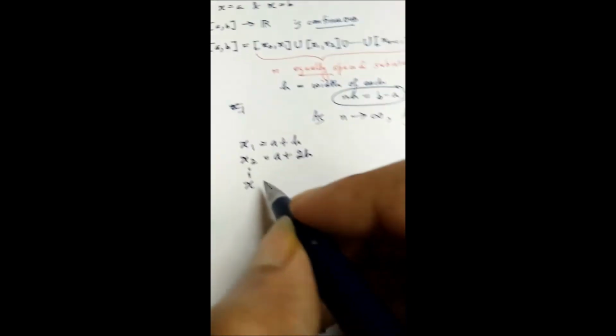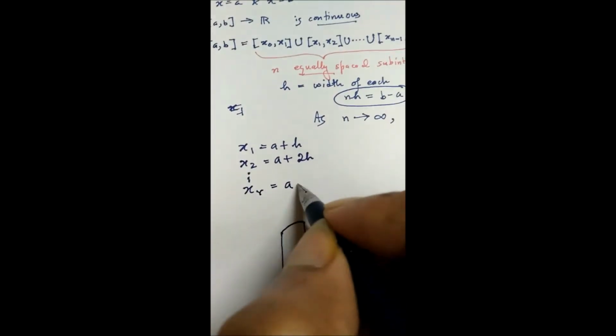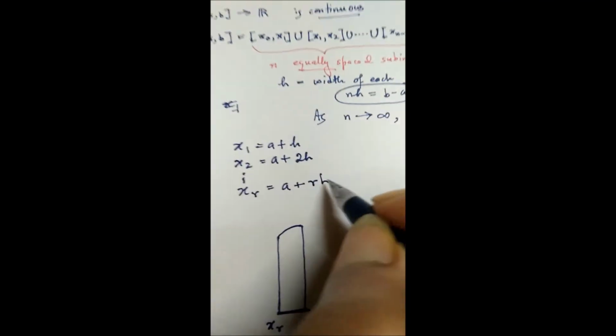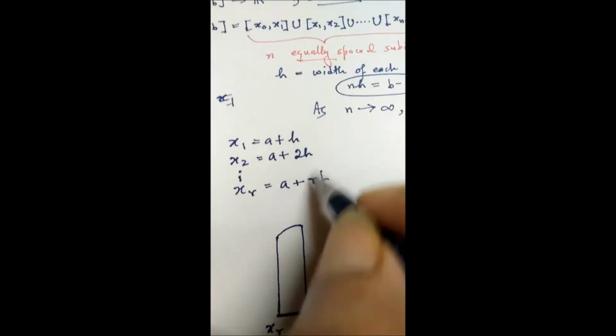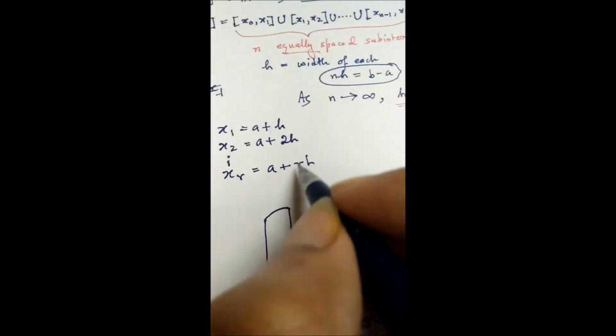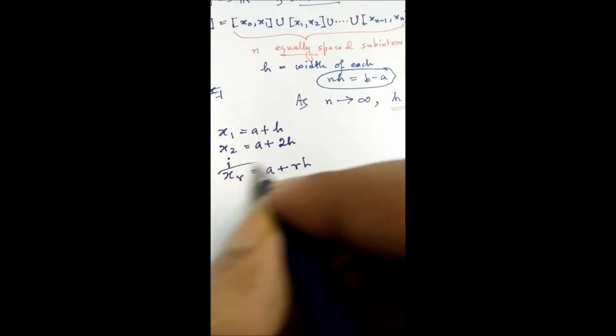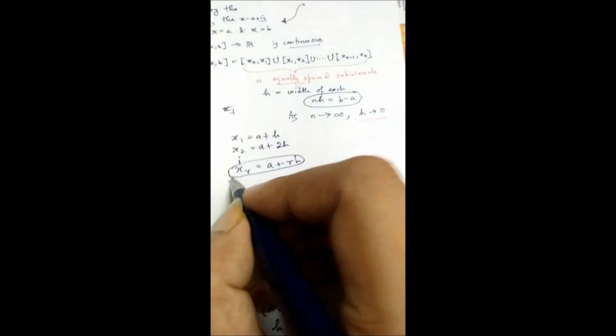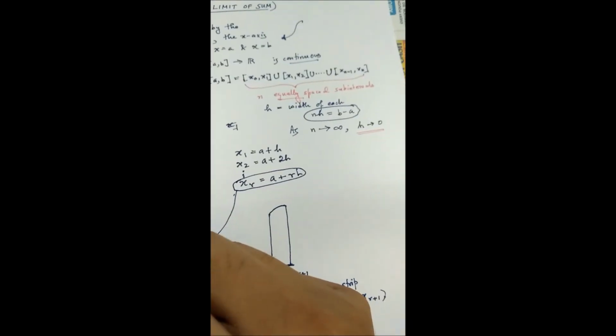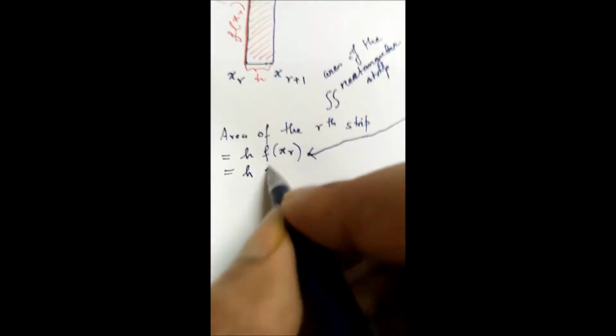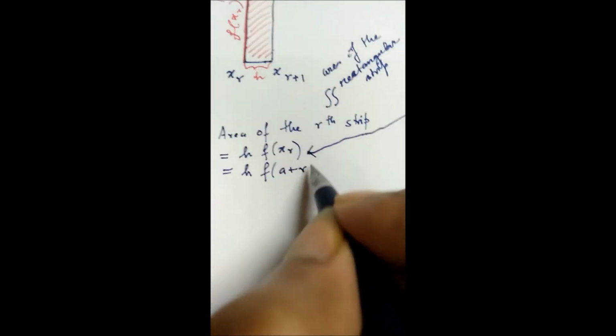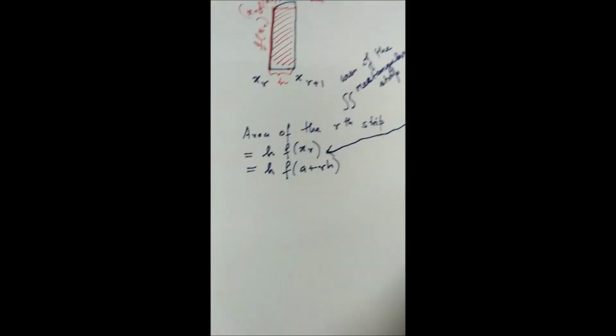Following this pattern, xr will be r times h distance away from a. So we are going to use this one. We want to put it here. So what do we have? h times f of a plus rh, right?